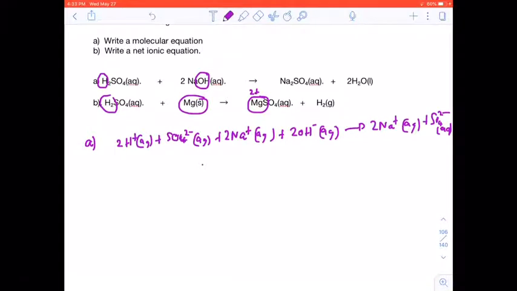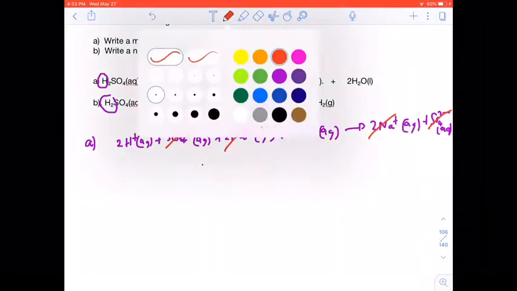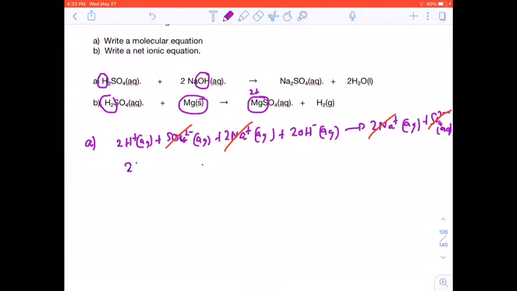And if we look at this here now, we say, all right, we've got sulfate there, and we've got sulfate there, right? And then we got 2Na there, and we got 2Na there, right? So what does our net equation become? It becomes 2H plus aqueous plus 2OH minus aqueous.